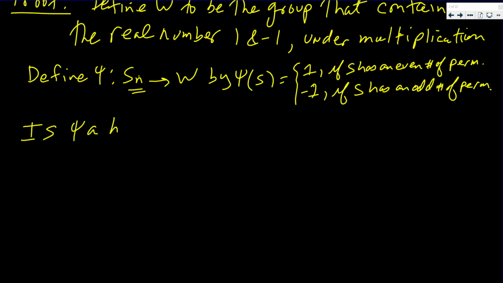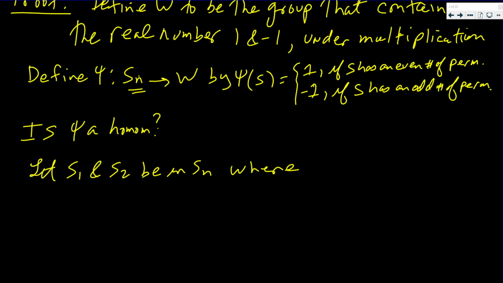Now, the first thing I want to show is that phi is a homomorphism. Is phi a homomorphism? Okay, so let S1 and S2 be in Sn, where S1 and S2 are both even.